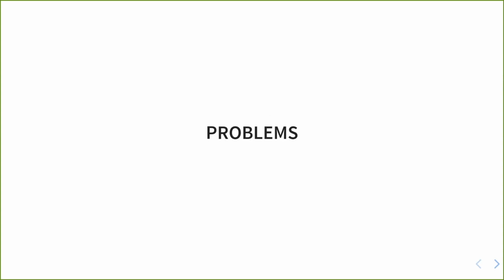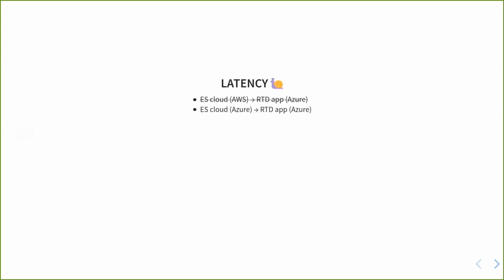Our problems. Let's see some problems that we have, and solutions, of course. Latency. Our API response was very slow, and one thing we noticed was that our Read the Docs application was on Azure, and our Elasticsearch Cloud instance was on AWS. So to improve latency, we moved the Elasticsearch Cloud instance to Azure, and latency improved there.